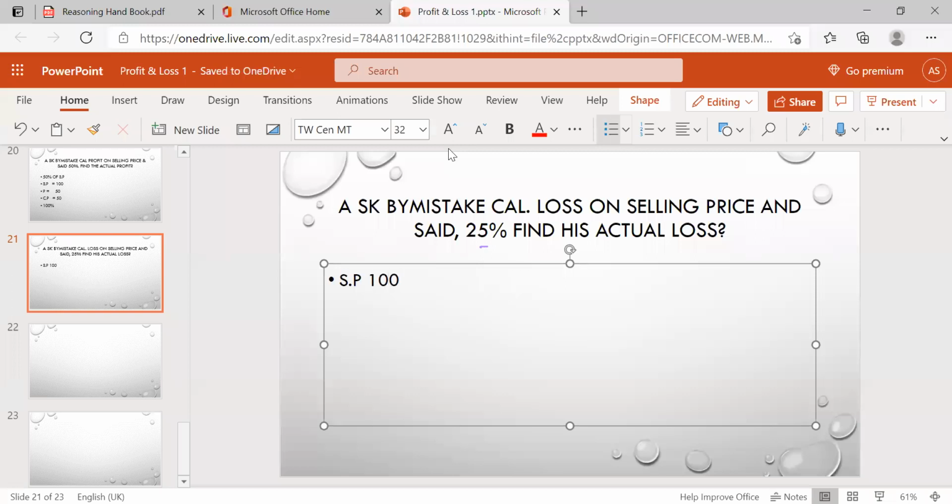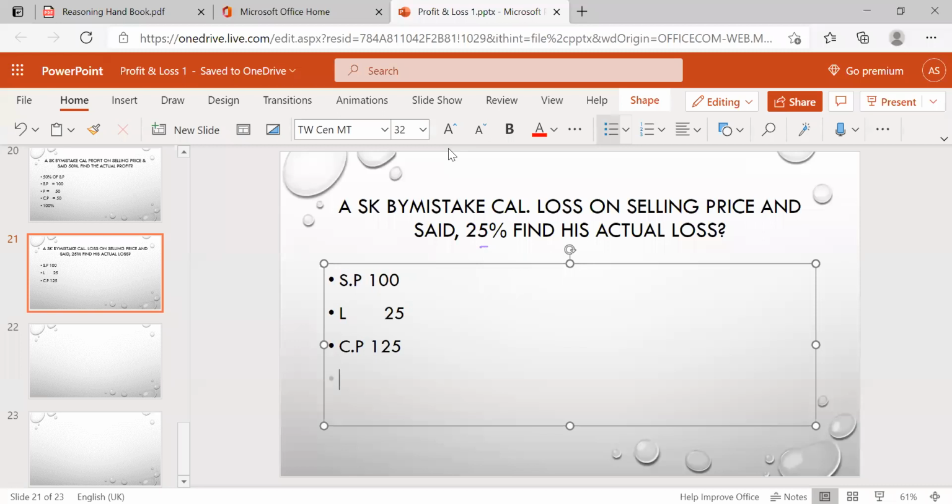Suppose SP is 100 rupees and the loss is 25%. That means loss is nothing but 25 rupees. Then what is the cost price? Cost price is nothing but loss plus selling price, and it is 125 rupees.